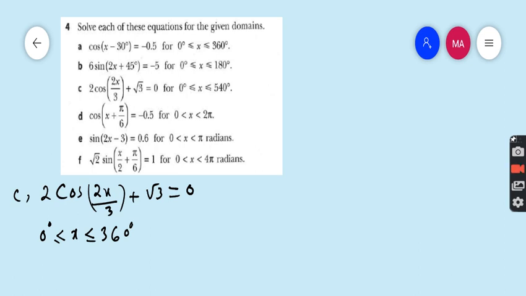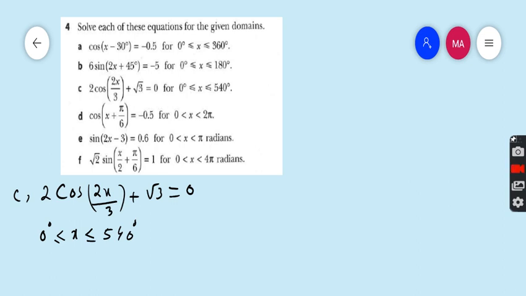First we have to change the domain. In our question there is 2x, so we must multiply by 2. Sorry, the domain is not given 0 to 360 degrees, it is given from 0 to 540 degrees. Sorry for this.